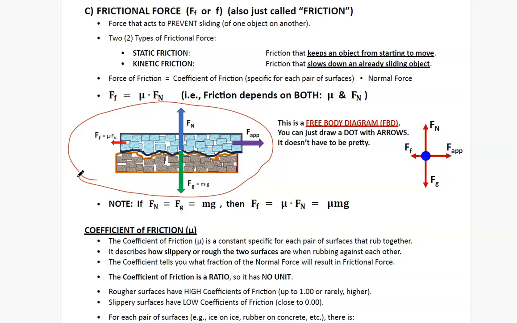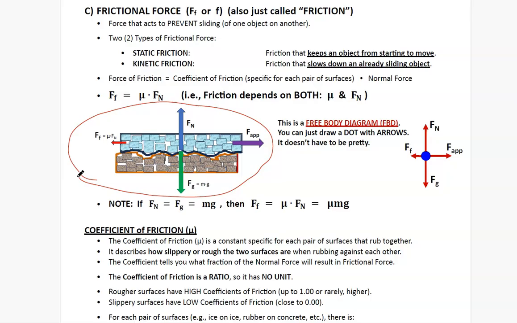And these bumps and ridges get caught within each other, and that's what causes the friction. As you're pushing side to side, the weight of the top object is pushing down, and the normal force from the bottom object is pushing up, and as a result, it makes it hard to move sideways.